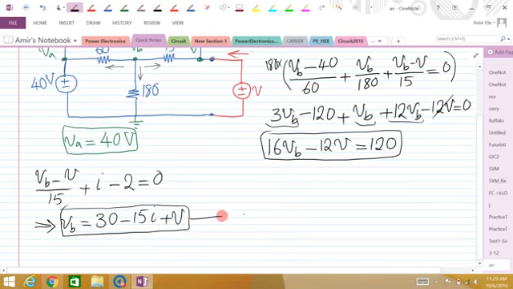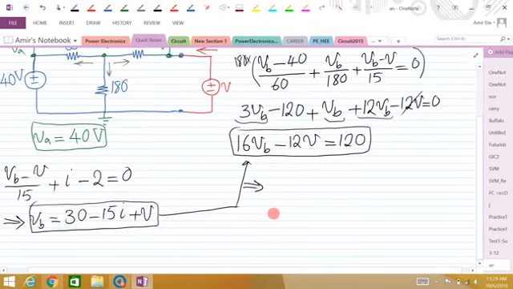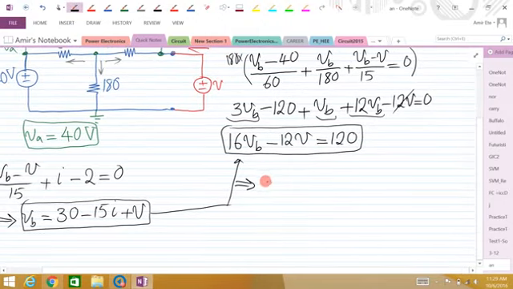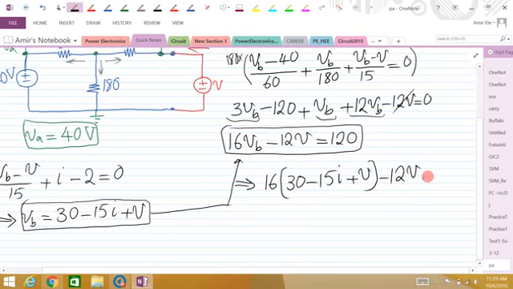I use this in here, and the result is 16 times VB, which is 30, minus 15 I plus V minus 12 V equals 120.